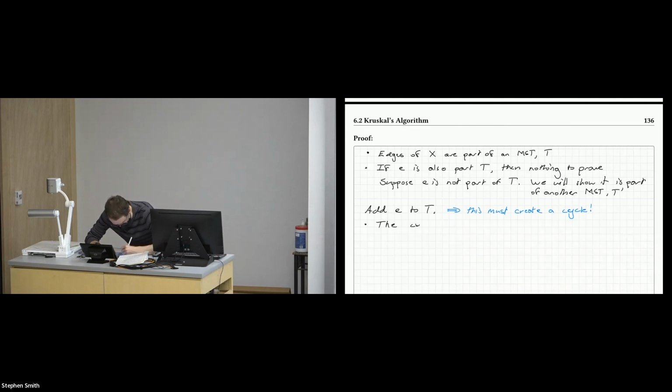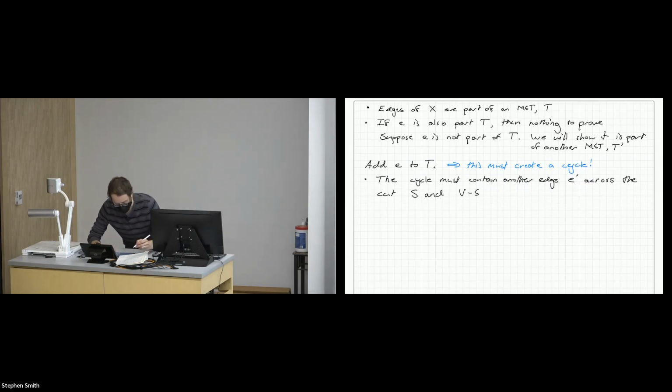The cycle must contain another edge, let me call the edge E prime, across the cut S and V minus S.